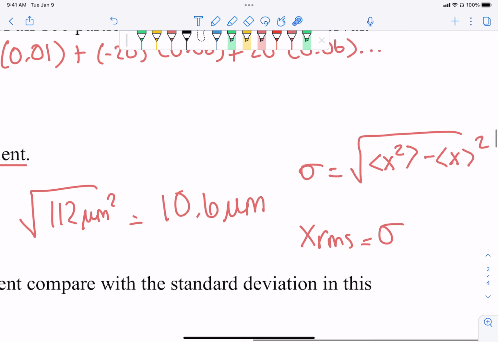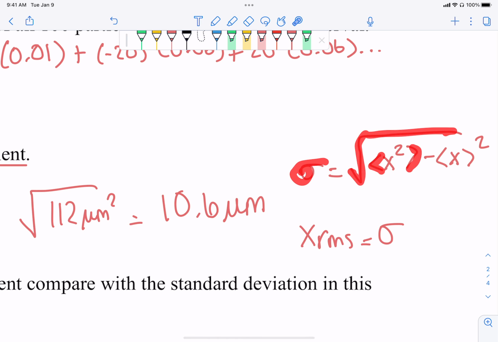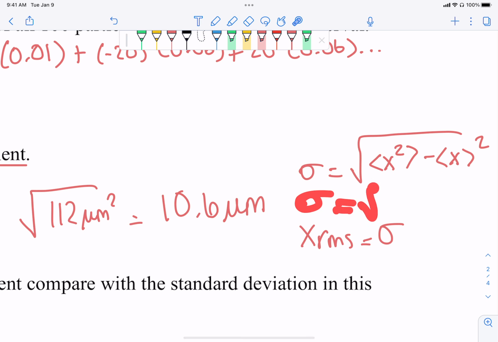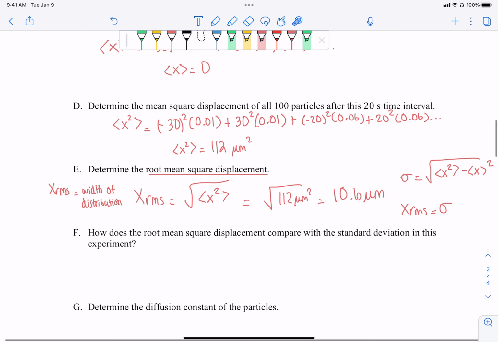And so if your standard dev is equal to the square root of the mean square displacement minus your average final position squared, well, if this is 0, then you're left with your standard deviation equals square root of mean square displacement, which is also equal to XRMS. So XRMS is the width of your distribution. Make sense? Okay, awesome.